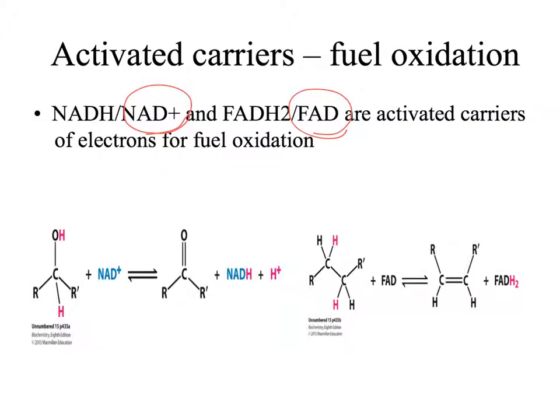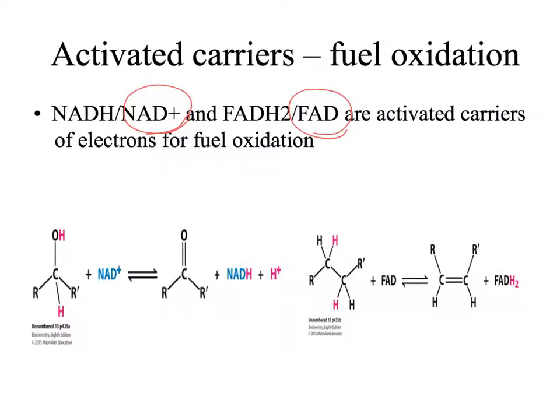Oxygen is our final electron acceptor in the metabolic process. But the electrons coming from the molecules we take in and break down don't directly go to O2. There's not a direct transfer. So these activated carriers take the electrons and then pass them along later as needed.